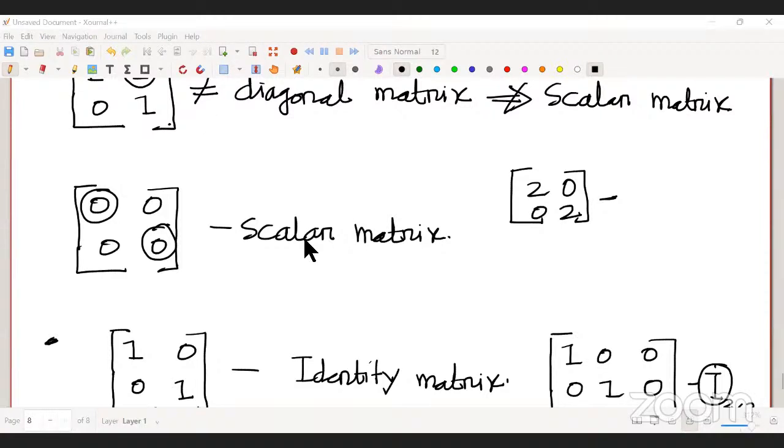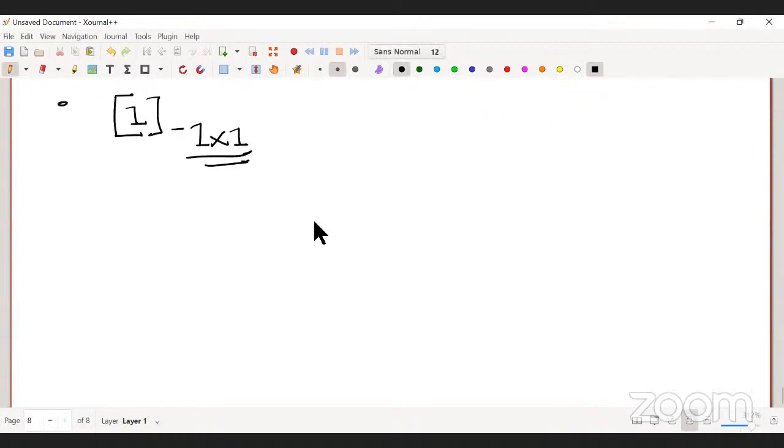Okay, so now once you have matrices, the next thing is we can add matrices and we can multiply a scalar with a matrix. And one more thing I just want to tell you is that when two matrices have same order, then only you can add these two matrices.